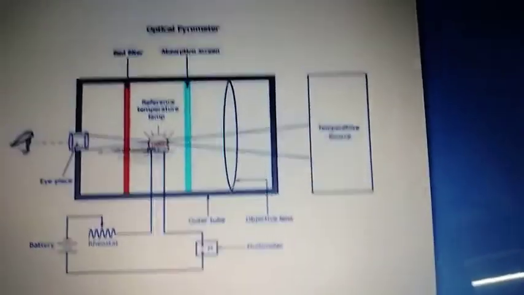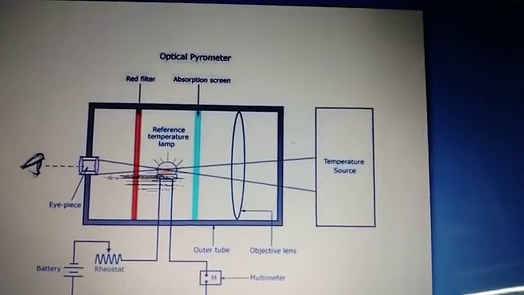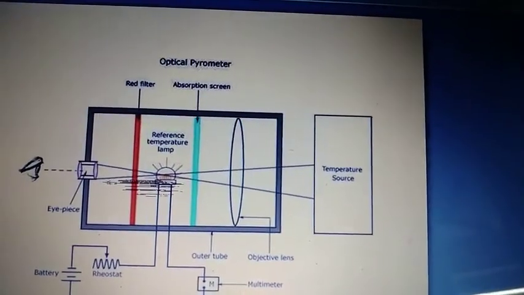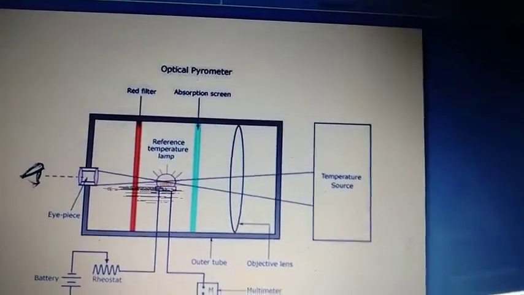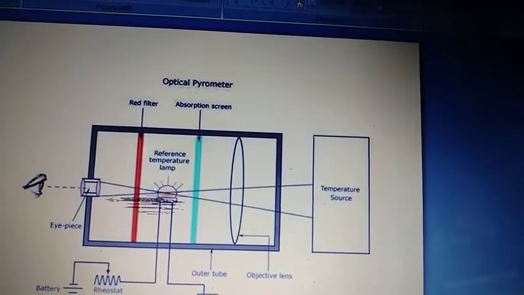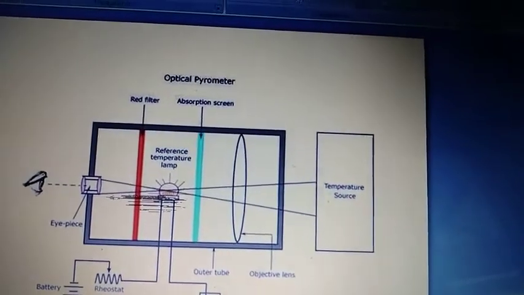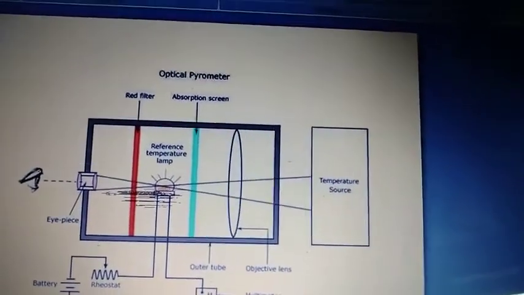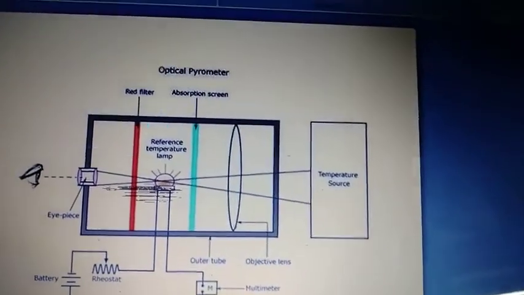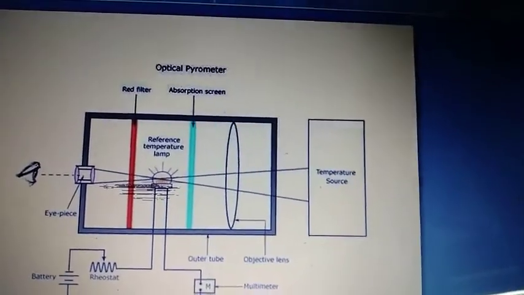The main principle of operation of the optical pyrometer is to measure the temperature by seeing the brightness of the radiation zone. If the brightness of the radiation zone is more, the temperature is also more. If the brightness of the radiation zone is less, the temperature is less.